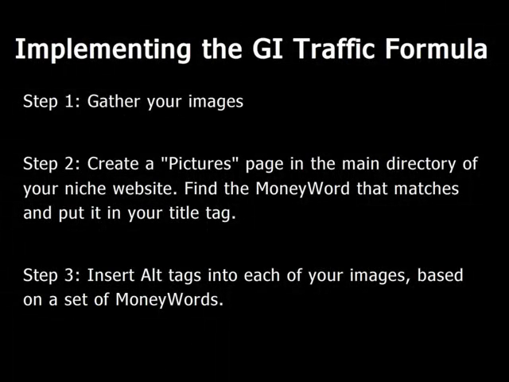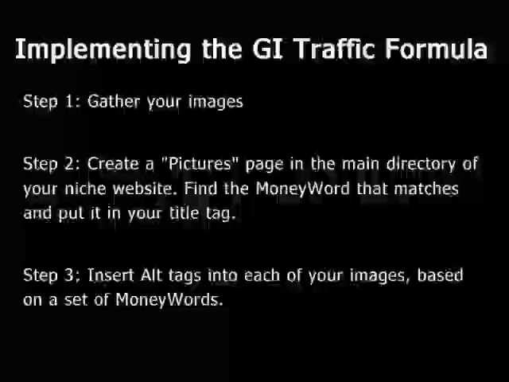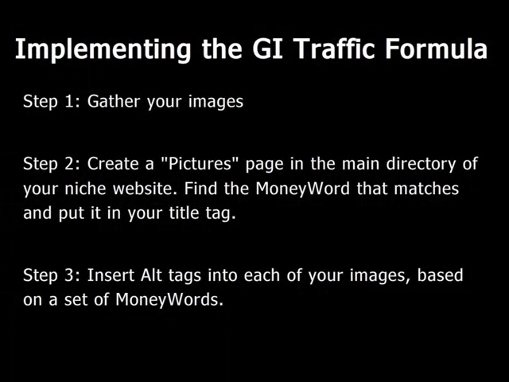So that right there is how to harness the power of Google Images and how to harness the power of images in general on the internet to get lots and lots of additional traffic to your site. So let's recap from the video because we covered a lot, but when you boil it down, it simplifies into a three-step formula. Step one is to gather your images, and you can do that by employing a photographer or tapping into your list and having them send in their own images.